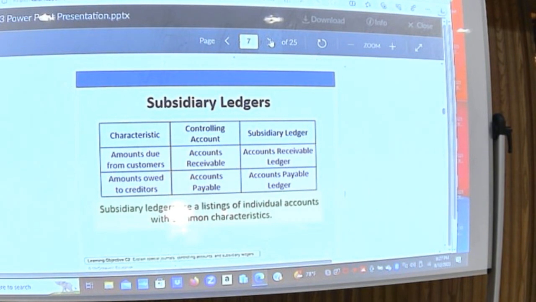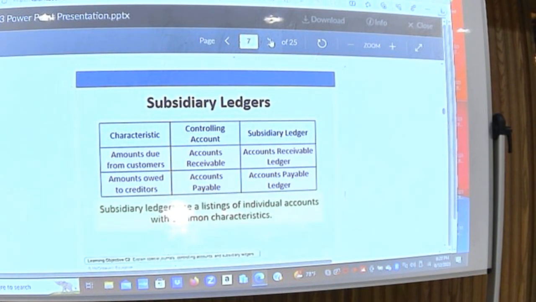Subsidiary ledgers is another thing altogether. You can see on the right hand side, accounts receivable ledger. That's a subsidiary ledger. That means that all of your customers who didn't give you cash are listed there.